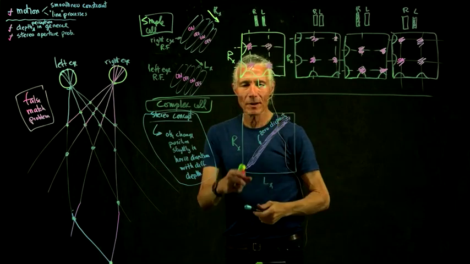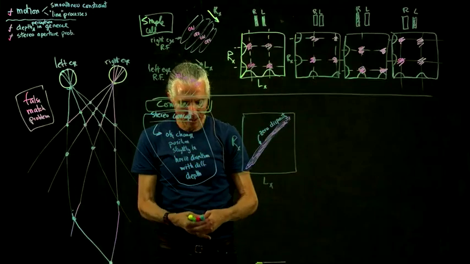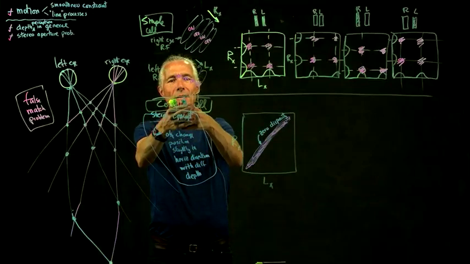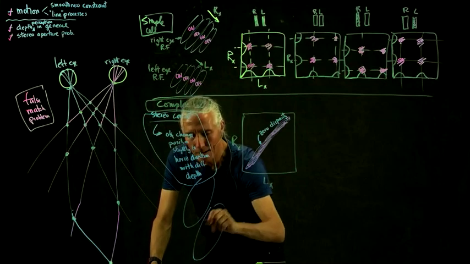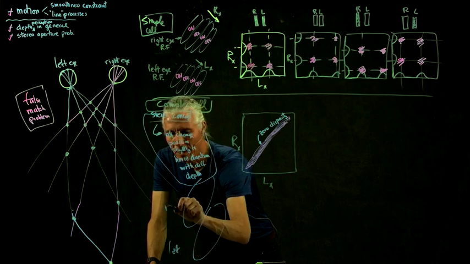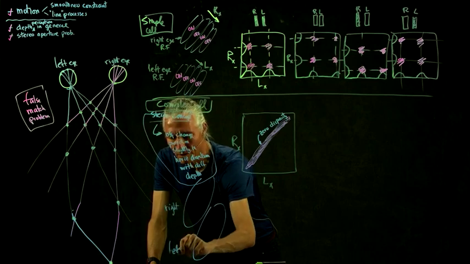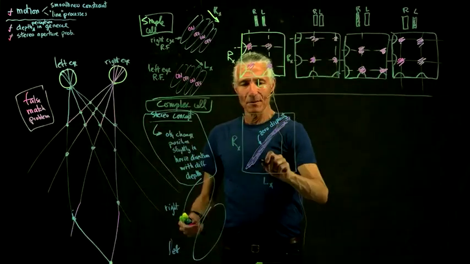It's zero disparity, but we're changing position. And so if we look at this picture, what's going on in this receptive field picture? If we draw receptive fields here for our left and right eye, what does this graph mean?